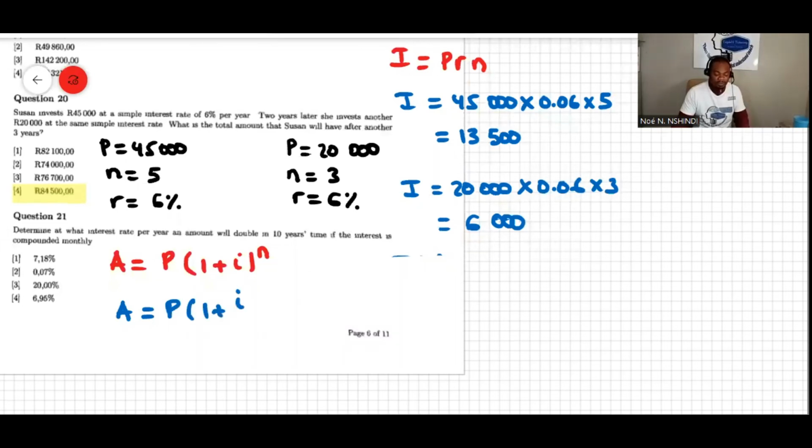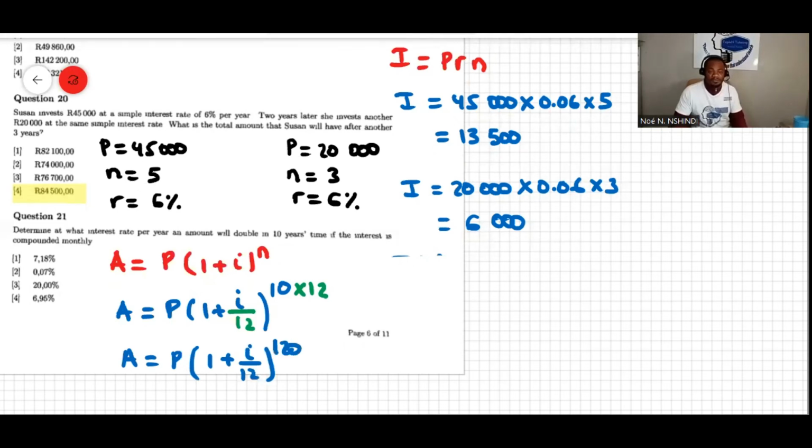Now, because it is compounded monthly, we must divide here by 12, and then a close bracket, and then 10 years. Because it is compounded monthly, I times here by 12 also. Now, the amount will be equal to P open brackets 1 plus i over 12 to the power of 120.